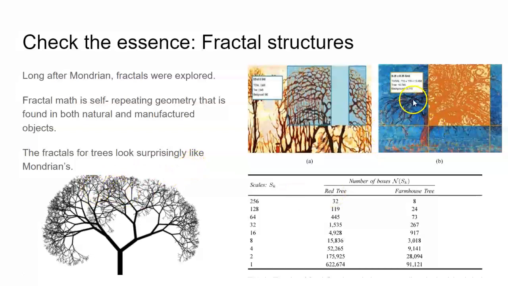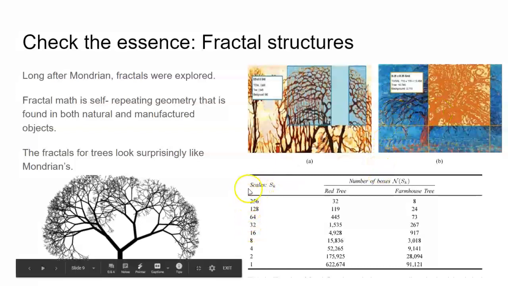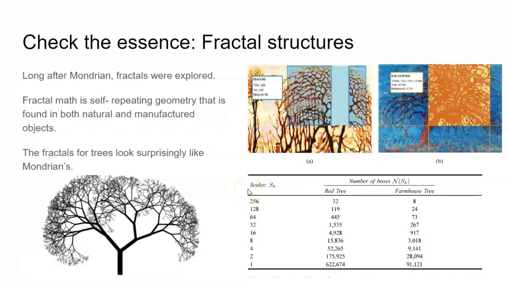And then likewise in the red tree that you saw before, you can see how it's also close. Somebody actually did their doctorate on the math behind Mondrian trees, and broke them into fractals, and here is part of the mathematical relationships.